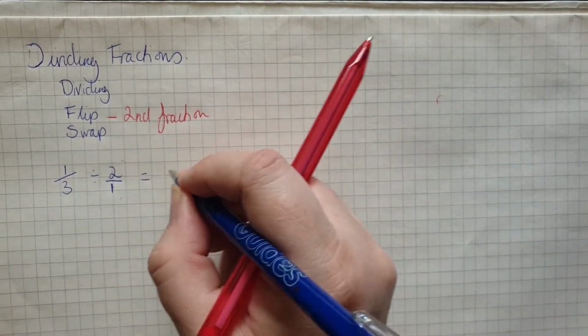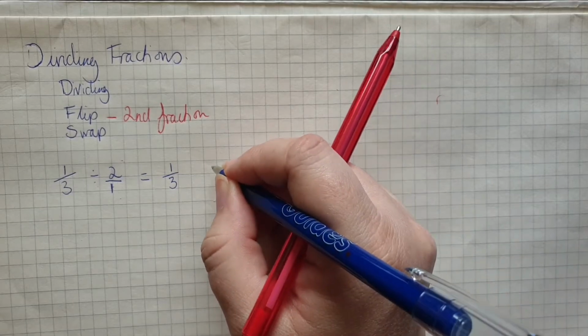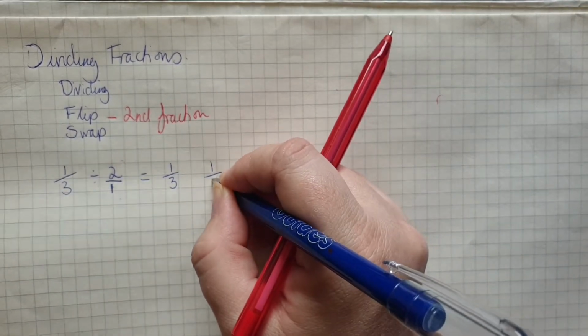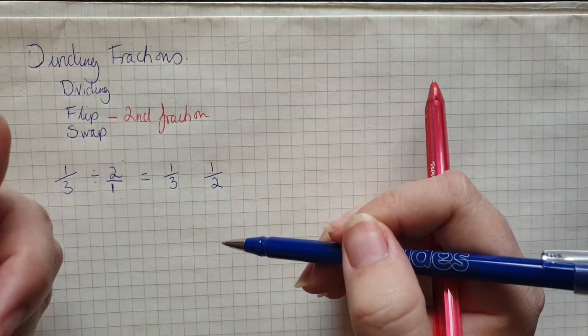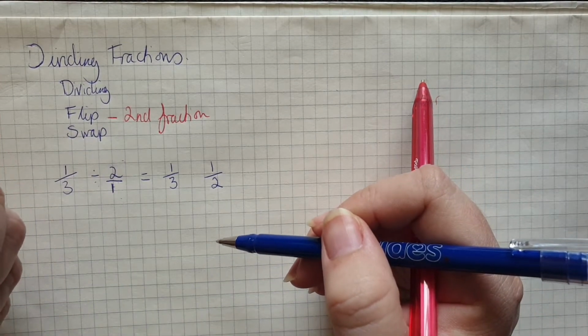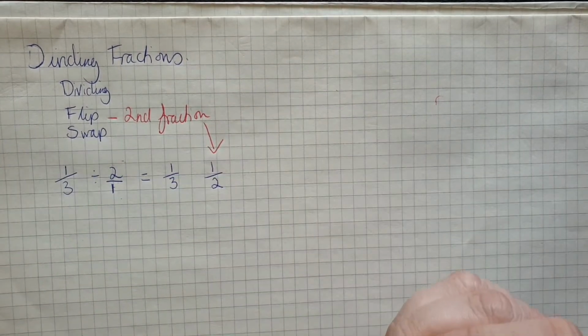So what we're going to do is the first fraction stays the same. We're going to flip the second fraction over to put it into 1/2, i.e. we flipped the second fraction. This is where this comes from.